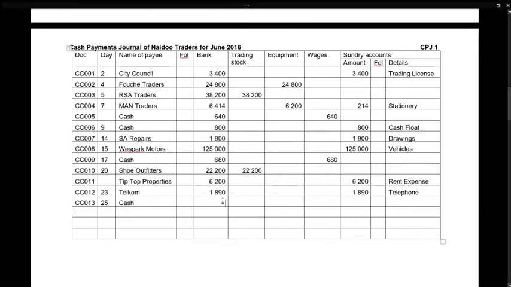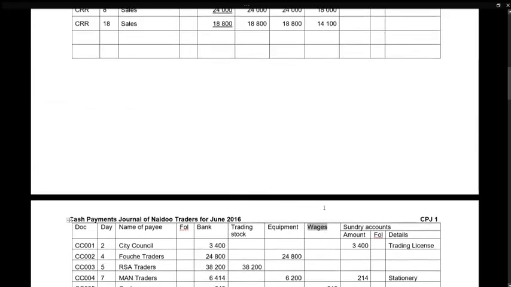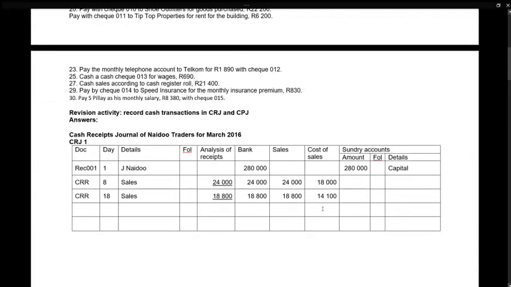The bank amount will be 690 Rand. Details being cash for wages, sorry. Right, so the reason that the details is cash and you don't have the name of the employee you're paying is because wages most often are an informal way of payment, not necessary to have the name of the person you're paying.